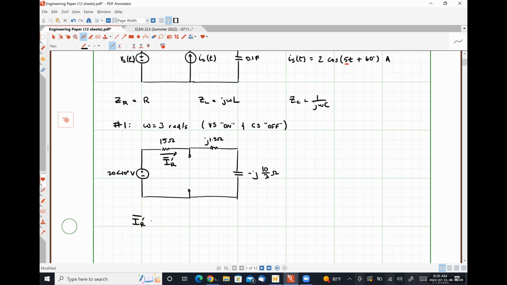So IR prime would be 20 angle 10 degrees volts divided by 15 ohms plus j1.5 ohms minus j10 over 3 ohms. I'm going to throw this into my calculator.